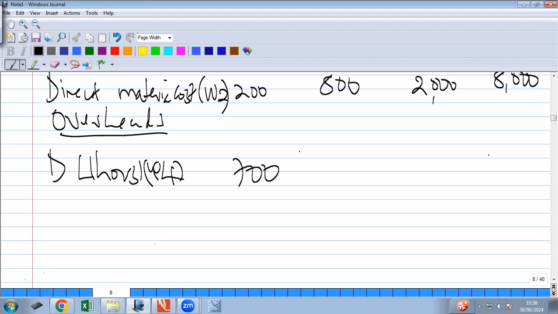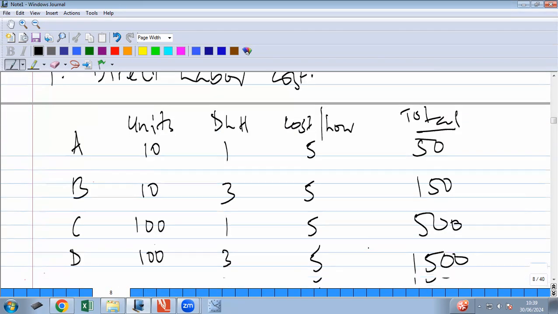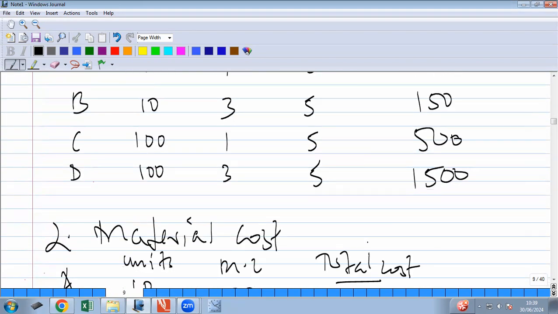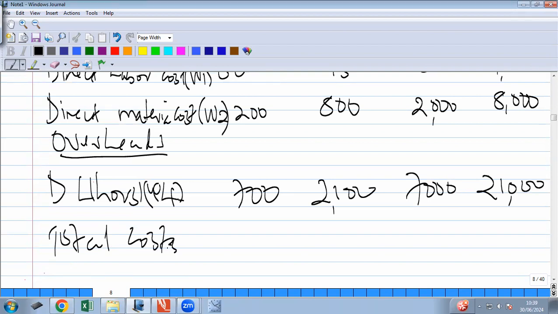So we have 700, 2,100, 7,000 and 21,000, right? This is activity for traditional absorption. You end there because when you add the whole total, we sum up to 3,800. That means for purposes of avoiding confusion, let us leave this other working. We shall make it for ABC, right? So here we can stop and we add our total costs, right?